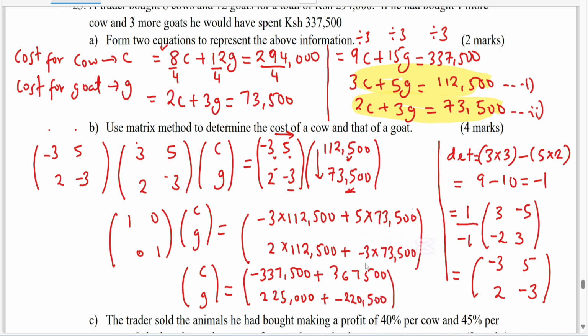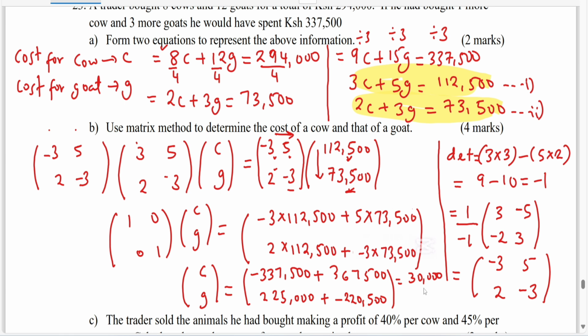Sawa. So angalia itakupa ngapi? So minus 337,500 plus 367,500. So it gives you hapa itakupa 30,000. Okay, and the other one 225,000 minus 220,500.